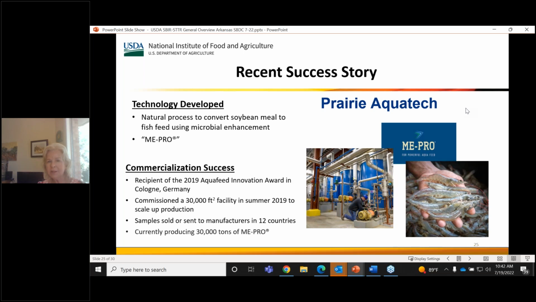It's a natural process to convert soybean meal to fish feed using microbial enhancement. The name of their product is MePro, and they've had a lot of commercialization success. They received the Aquafeed Innovation Award in 2019 in Cologne, Germany, and they commissioned a huge building, a 30,000 square foot facility in 2019 so that they could scale up production, and they're currently producing 30,000 tons of MePro.